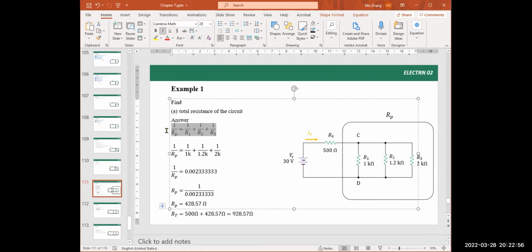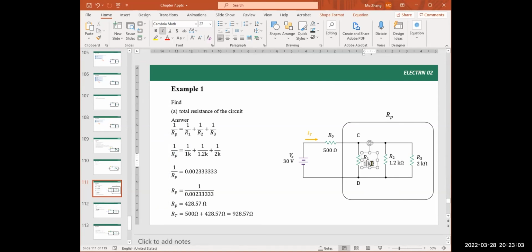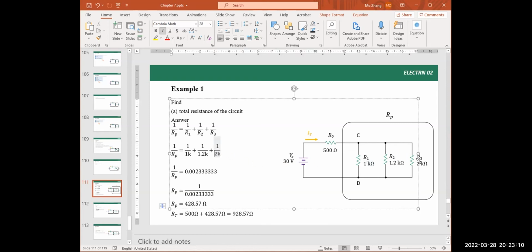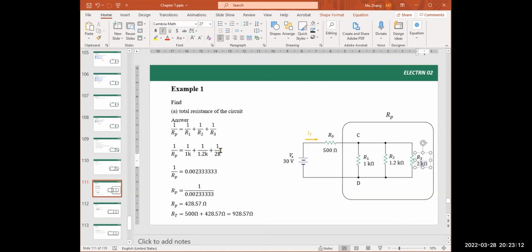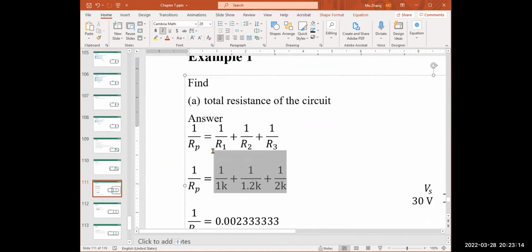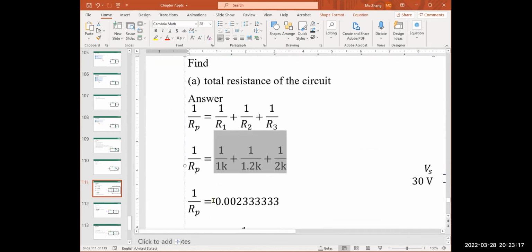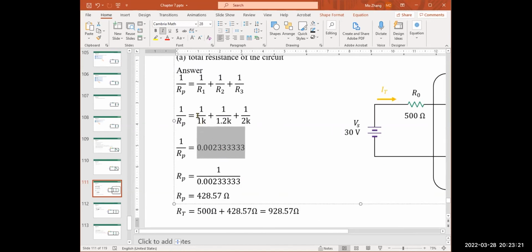Using the reciprocal formula, we plug in the numbers. 1 over the parallel branch equals 1 divided by R1, which is 1 kilo ohm, plus 1 divided by 1.2 kilo ohm, plus 1 over the last one, 2 kilo ohm. Using a calculator, we add these three terms and get that.